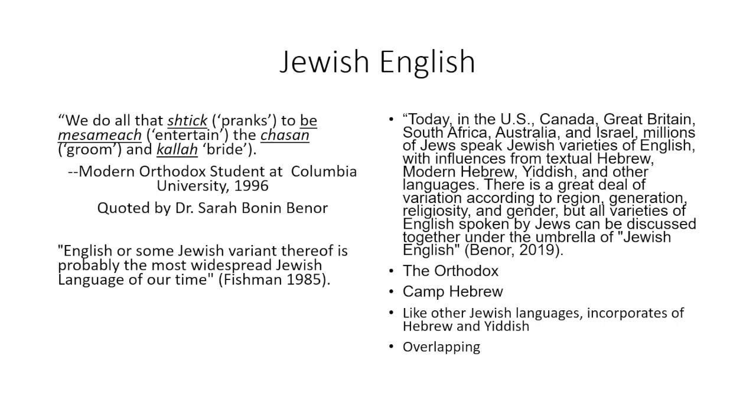There are a number of places where we find Jewish English: the US, Canada, Britain, South Africa, Australia. And this particular kind of English is basic English with an awful lot of Hebrew, Yiddish, and sometimes even a little Ladino thrown in.